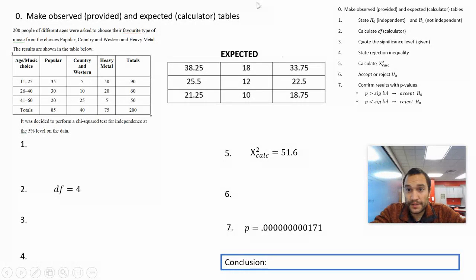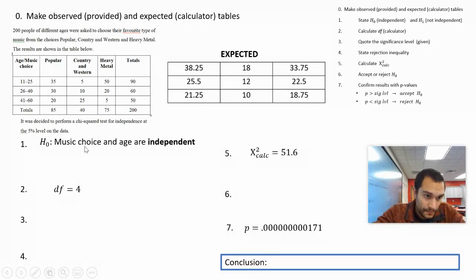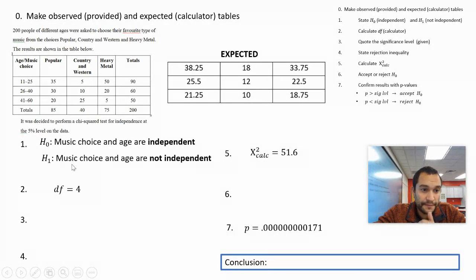So let's just keep going. Step 1 is state the null hypothesis and the alternative hypothesis. The null hypothesis means they're independent. The alternative is not independent. So I just write my null hypothesis: music choice and age are independent. The alternative, H sub 1: music choice and age are not independent.